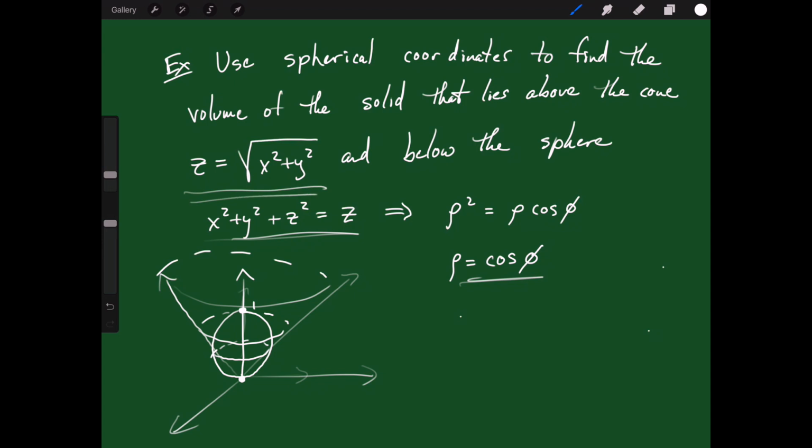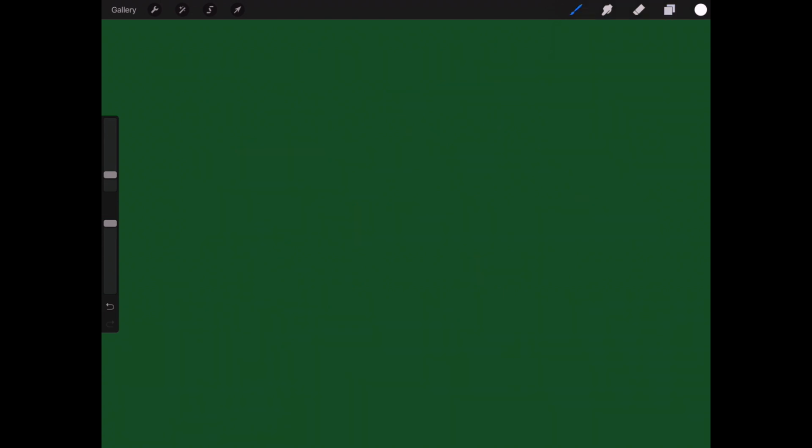So what it's saying is it's below this sphere and it's above this cone. This may not be the prettiest picture I've ever drawn, so let me redraw it so that it's a little more clear. I've got a cone on the bottom, but that cone is topped by the top of a sphere.